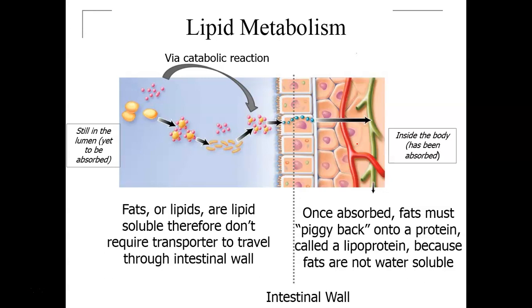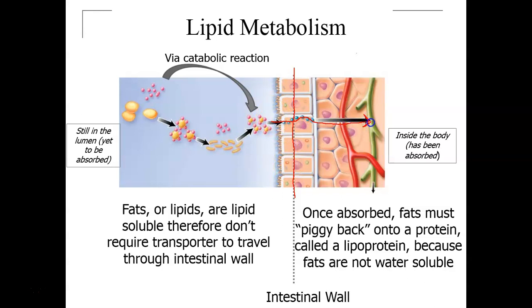Fats, lipids. We see fats or lipids are lipid soluble, therefore they don't require a transporter to travel through the intestinal wall. Here's the intestinal wall, this gray dashed line. So these lipids enter through the wall.